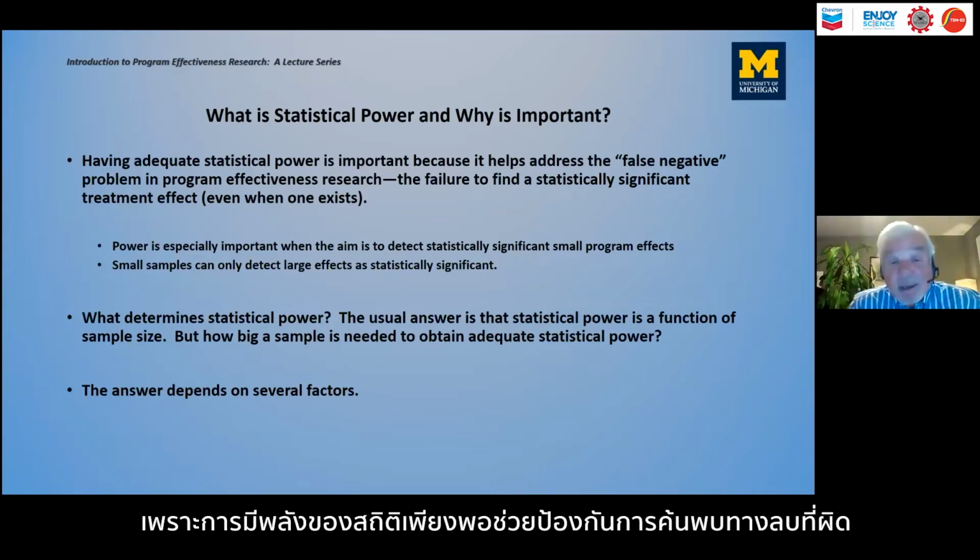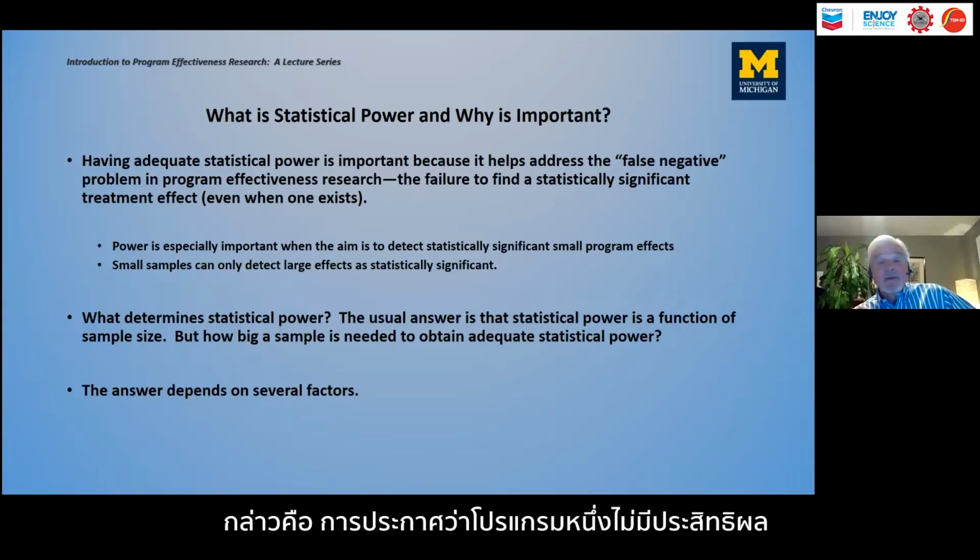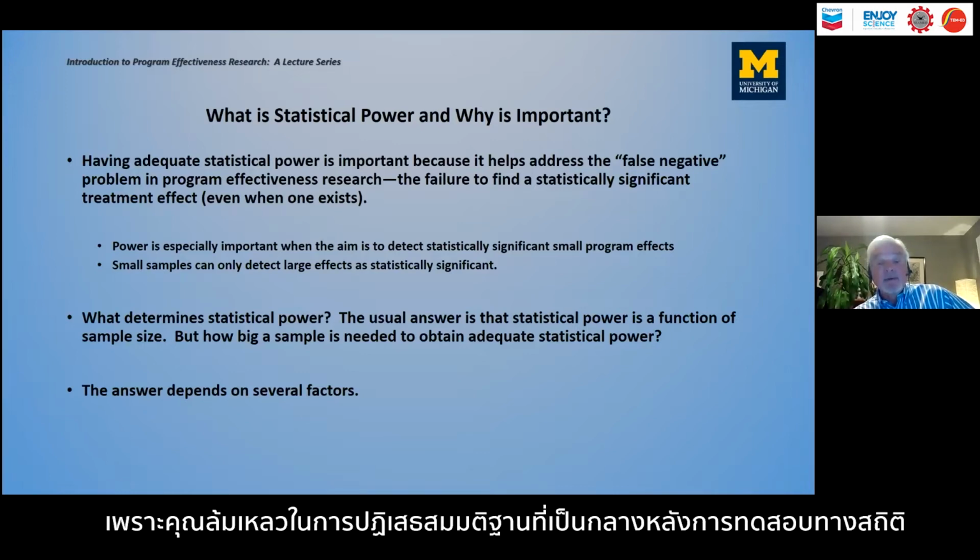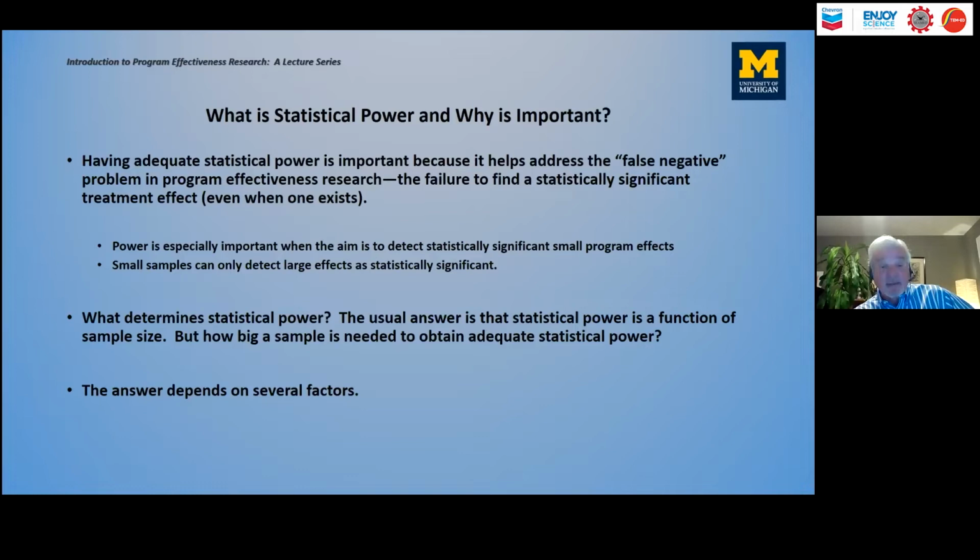Well, having adequate statistical power helps prevent false negatives from being discovered. That is, the declaration that a program is not effective when in fact it is, simply because you failed to reject the null hypothesis after statistical testing.